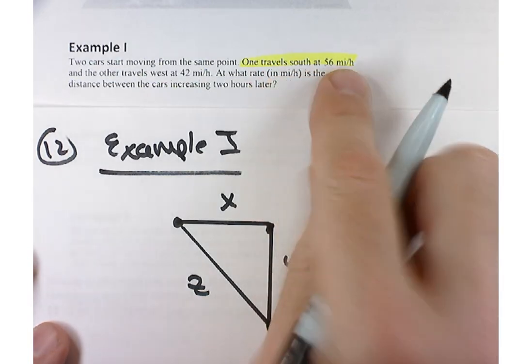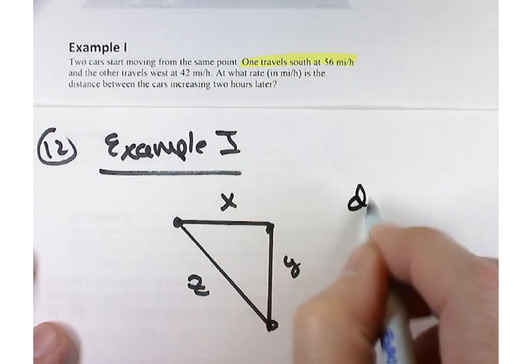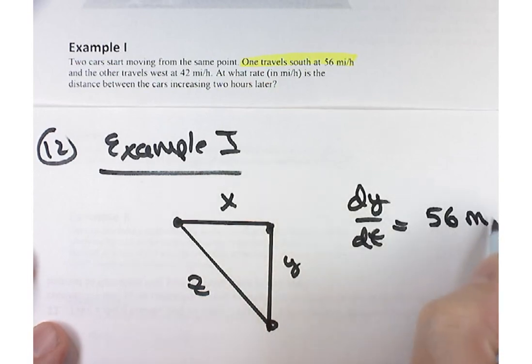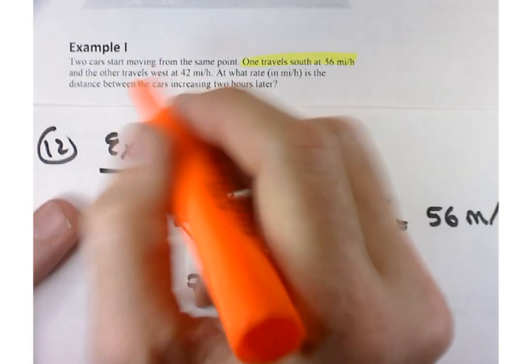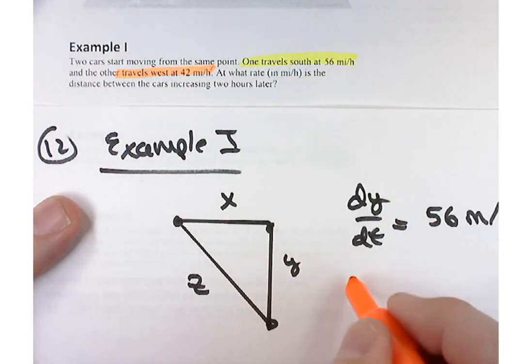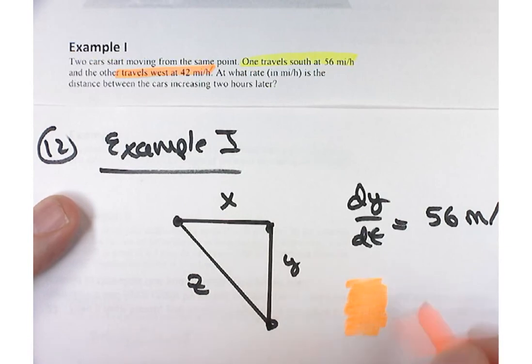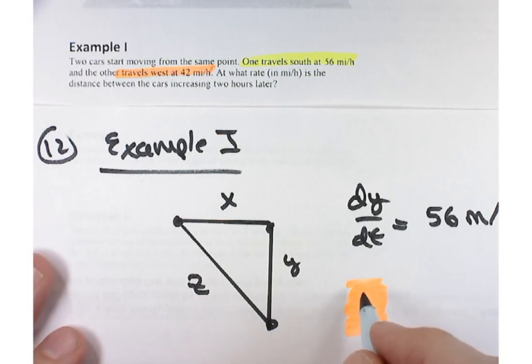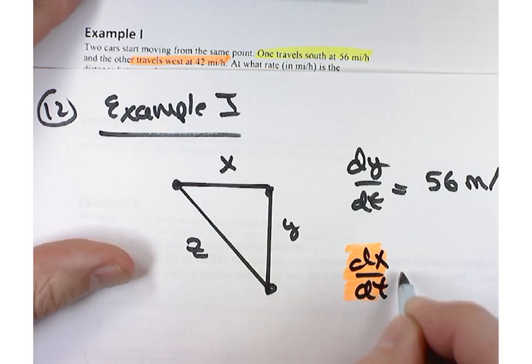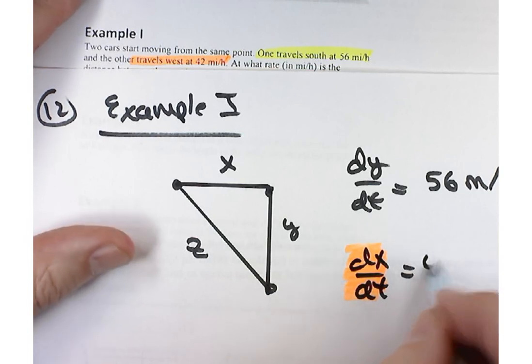This is a rate, so it's going to have to be dy by dt. It's going to be 56 miles per hour. The other one travels west at 42 miles per hour. So what's that one going to be? dx by dt equals 42 miles per hour.